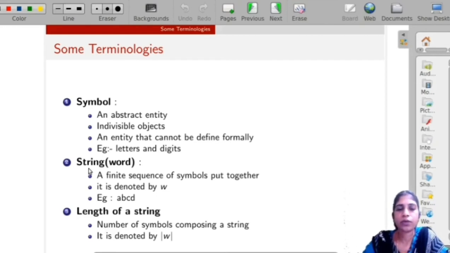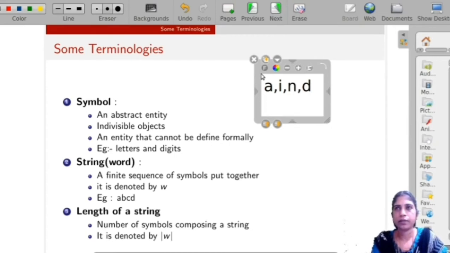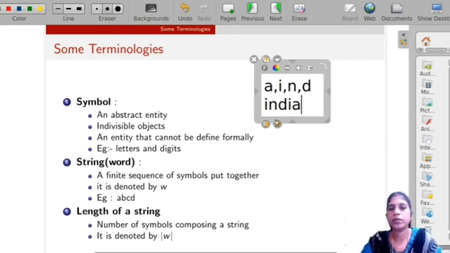Next one is string or a word. A string or a word means a finite sequence of simples put together. For example, suppose we have the simples A, I, N, D. Then suppose I write these simples in some particular sequence, for example, I, N, D, I, A. You get a string.